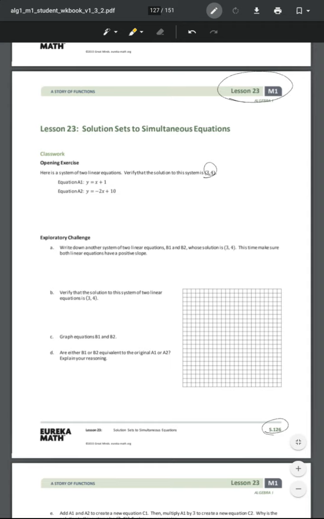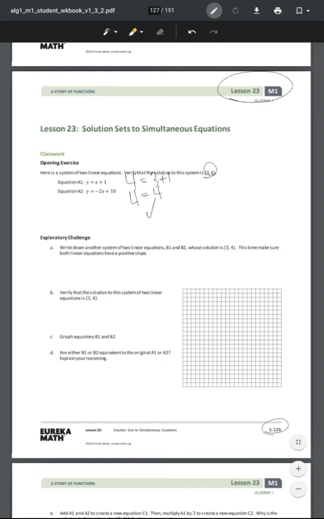Substituting 4 for y and 3 for x, we get 4 equals 3 plus 1. So 4 equals 3 plus 1, which is 4, and 4 does equal 4. So that tells me that (3, 4) is a solution to equation A1.